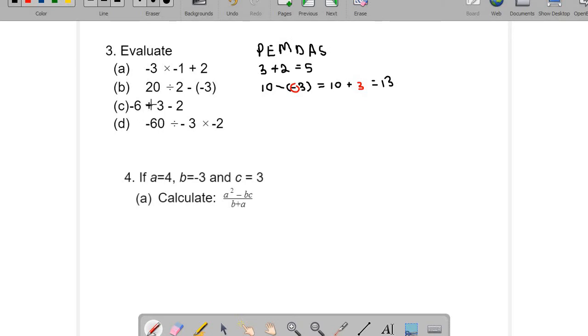Okay, so I'm just going to randomly choose to add first. When we add -6 to 3, using the rules for directed numbers, you should get -3 minus 2. Then we're going to use the rule for directed numbers for subtracting. That's change to add the opposite. So I'm going to change this 2 to add -2. And that gives us -5.